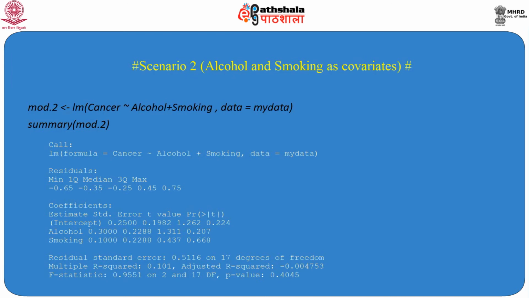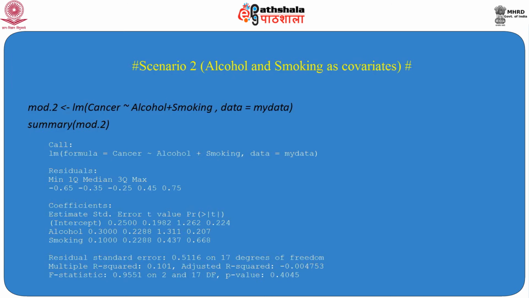This shows how the residual is spread over the data set. The relation between alcohol and cancer again gives a positive regression coefficient of 0.3 for alcohol, and for smoking we get 0.10.